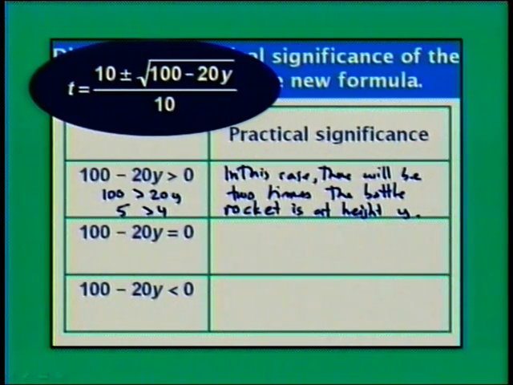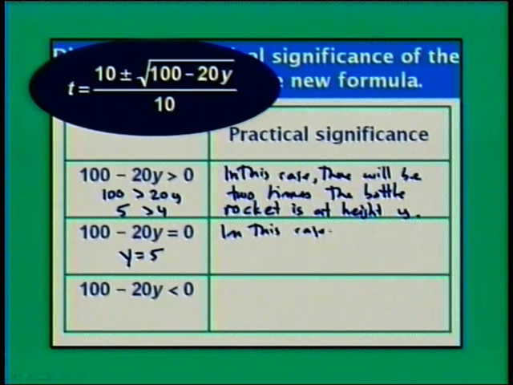Now, one of the things about this particular bottle rocket is it's kind of a dud too, because it's not going too high, and we'll see that in the next situation. If the expression under the radical, the discriminant, is 0, we're only going to get 1 time the bottle rocket reaches its height. So in this case, when y equals 5, that's a solution to that equation.